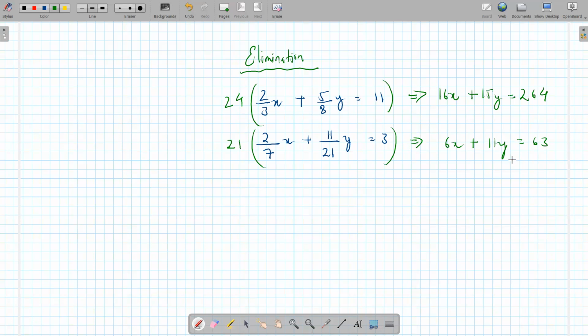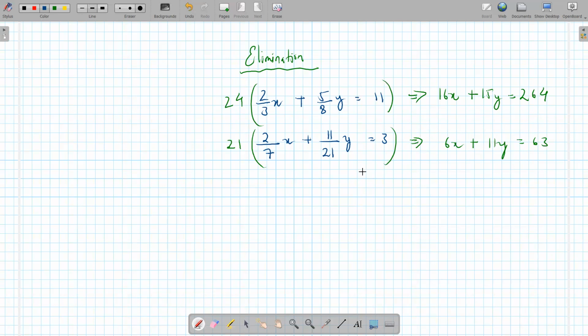Now, again, we have to do this one more time. Which one should we do? It doesn't matter. You can either pick 6 or 16. Or sorry, you can either do the x or the y. So what's the LCD between 6 and 16? It's 48.